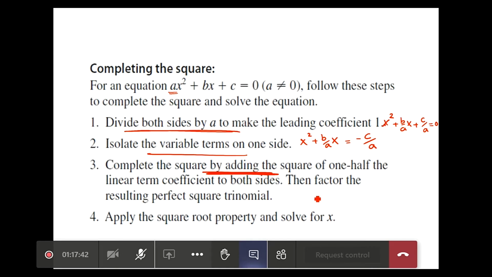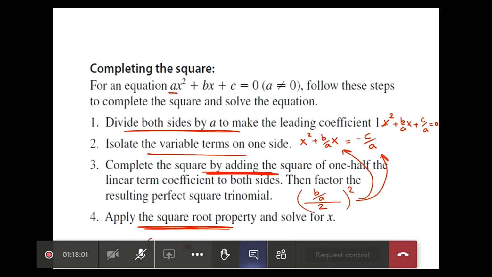So we take b over a, divide by 2 and find the square. This number is added on the left and right. Okay, after that apply the square roots.